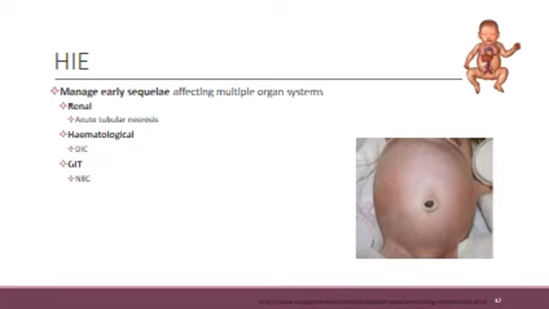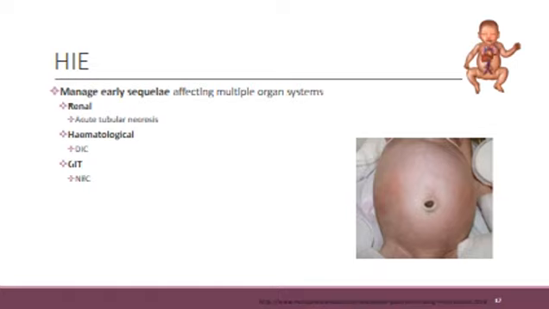Renal underperfusion can lead to acute tubular necrosis, and this will manifest as acute kidney injury with oliguria, anuria, and a rising creatinine. In these cases, it is important to restrict fluids until you know that the baby can pass urine, and to start with potassium-free neonatalyte to avoid hyperkalemia should the baby not pass urine.